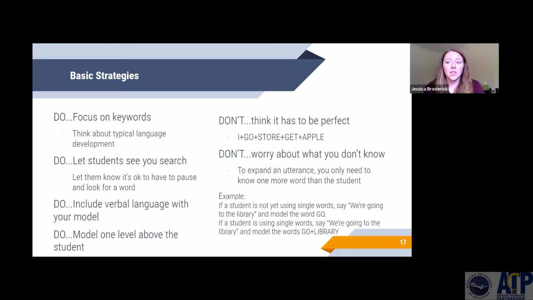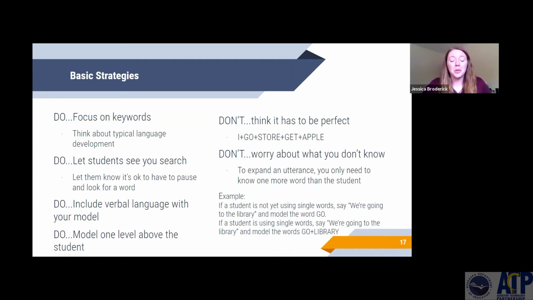So let kids know that that's okay, and model that you're searching for something, or if you've hit the wrong button on a high-tech device, it's okay to say, ooh, that's not what I meant. You know, so don't think it has to be perfect, that you can only show them the exact right way to do things, because we all stumble when we're speaking. And so that's totally normal.